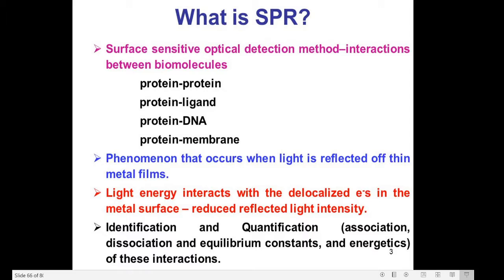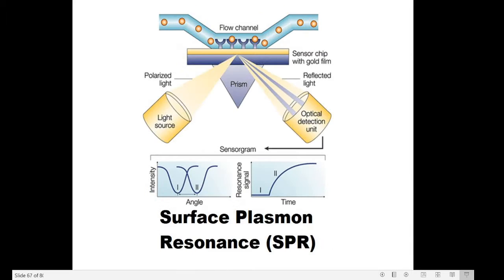The light energy interacts with the delocalized electrons, the surface electrons in the metal surface, which reduces the reflected light intensity. Once the light is absorbed on the surface, the intensity will automatically reduce. It helps us understand the light intensity variation and the surface modification.